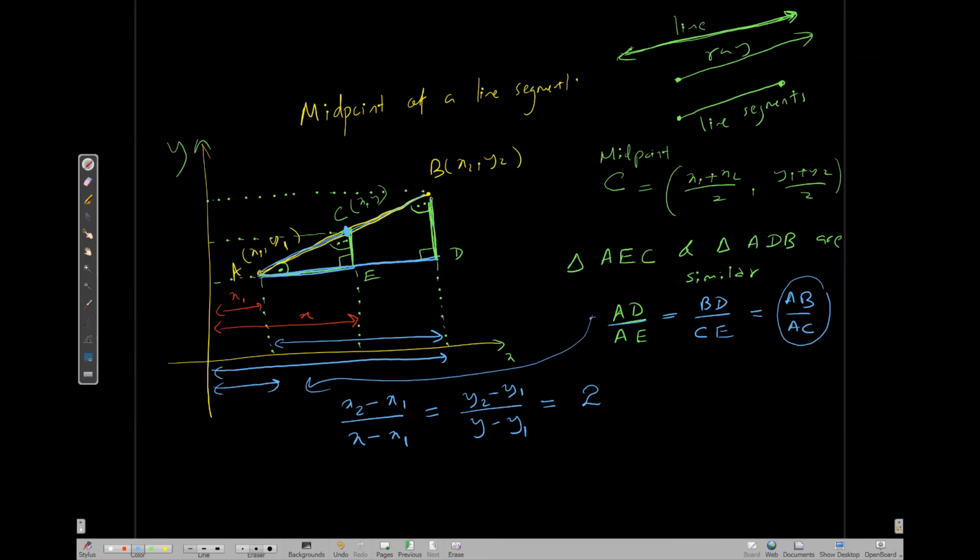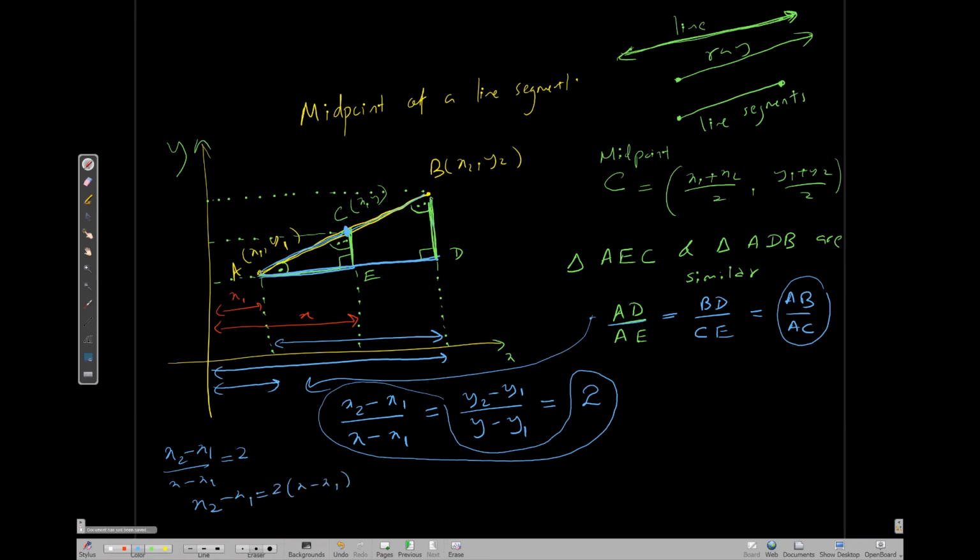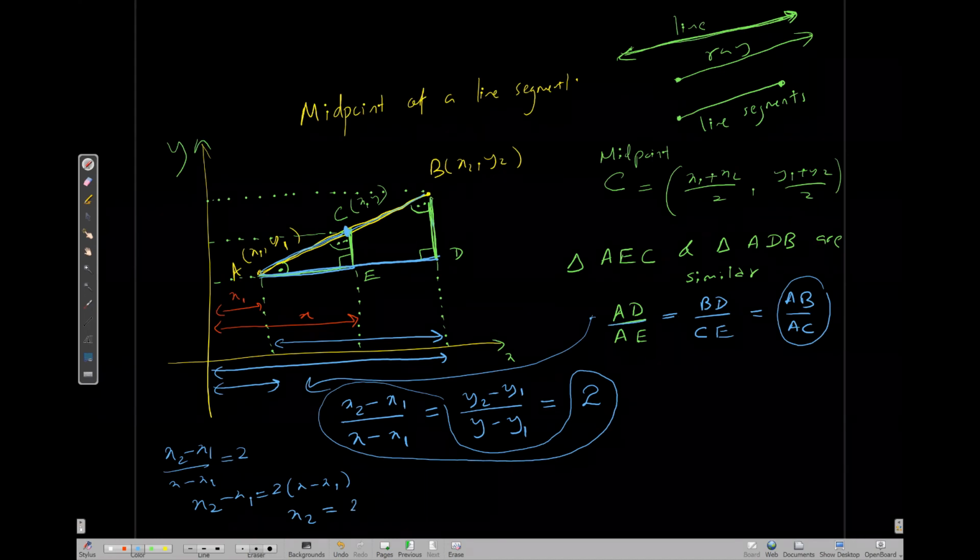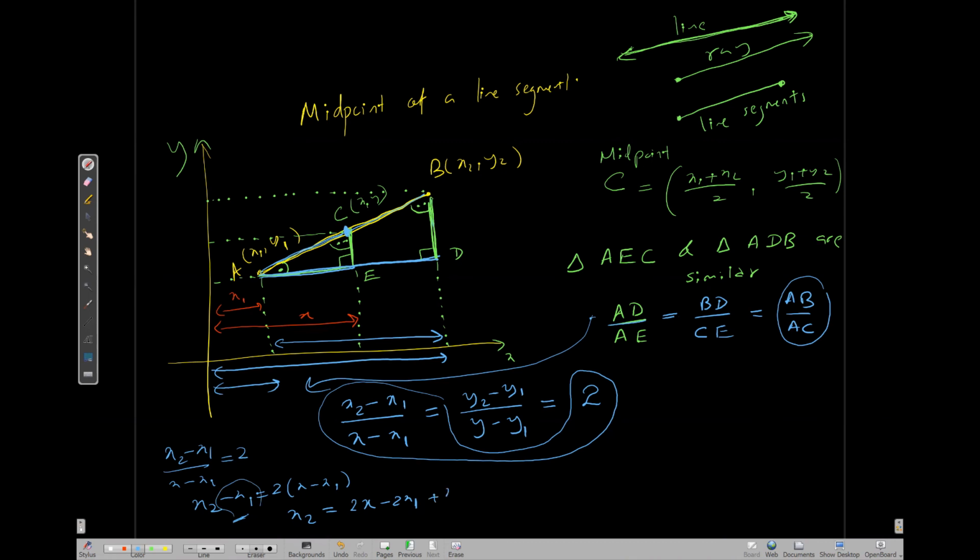Now what I'm going to do is take the part having x's separately. So (x2 minus x1) over (x minus x1) equals 2. When I simplify, I have x2 minus x1 equals 2 times (x minus x1). So x2 equals 2x minus 2x1, distributing the right-hand side, and I take this guy over to the right-hand side, so plus x1.